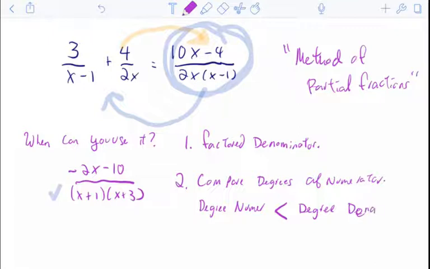In other words, we don't do it on expressions that are, what's it called? Hold on. Oh my gosh, I can't believe I forgot. It's such an important name. Improper. You can't use it on improper rationals. So it cannot be improper.